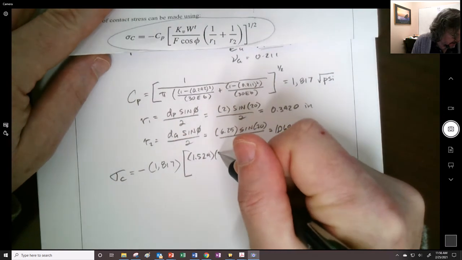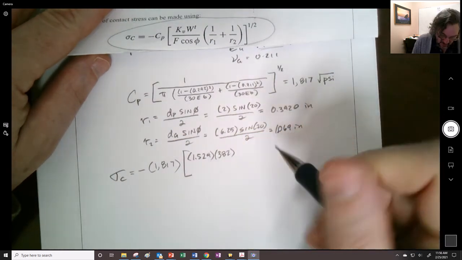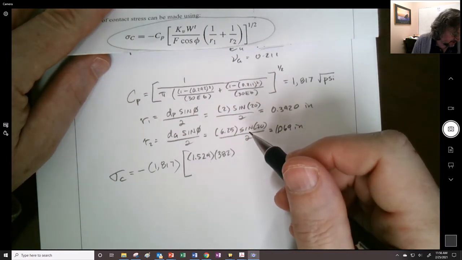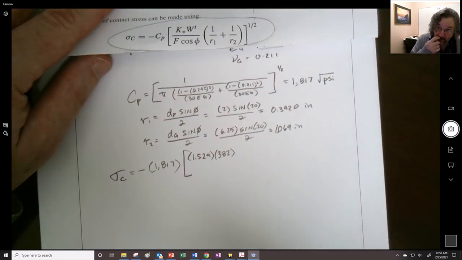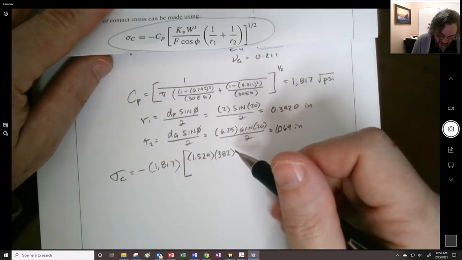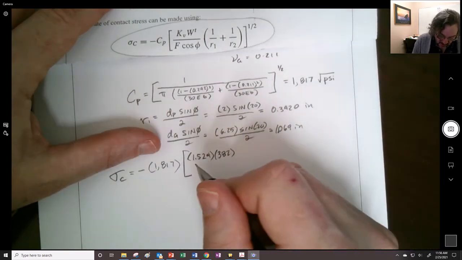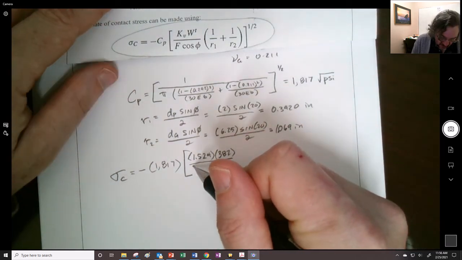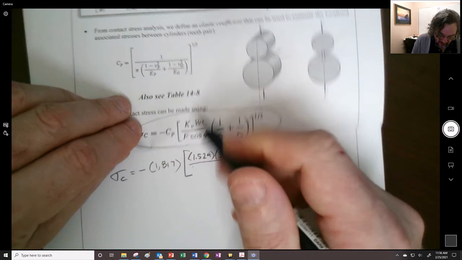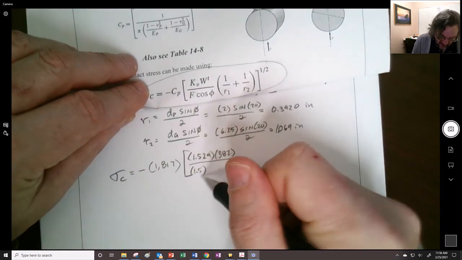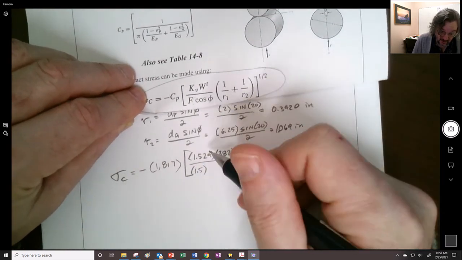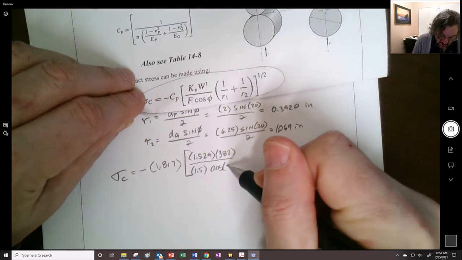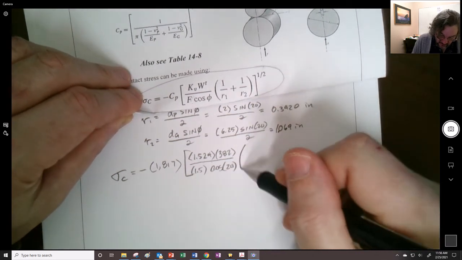So I think it's a little easier, maybe, to go in this direction. We could also figure out what the horsepower rating would be based on this, and that's often something we'll do. So maybe we ought to see what the rating would be. The face width was 1.5, right? Not to be confused with the force, it's an F. And then we take the cosine of 20 degrees.